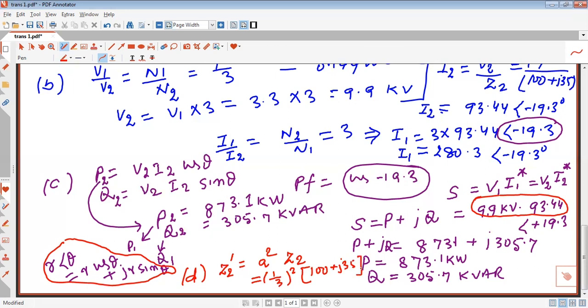So I put it in, and after division by 9 in both, we will get 11.11 plus J3.89. So this much impedance which we have to connect on the primary side will give the same response as 100 plus J35 connected on the secondary side. Means we have to find the secondary impedance referred to the primary side.